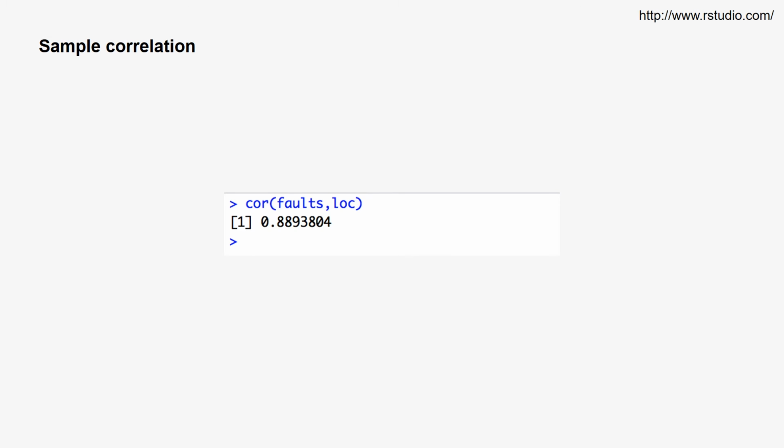So, RStudio tells us that we have a correlation of approximately 0.89. And it is a positive correlation, i.e., the larger the class, the more faults there are during the development. 0.89 indicates also that the linear relation is relatively strong.